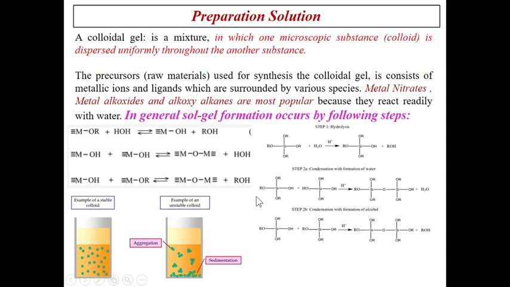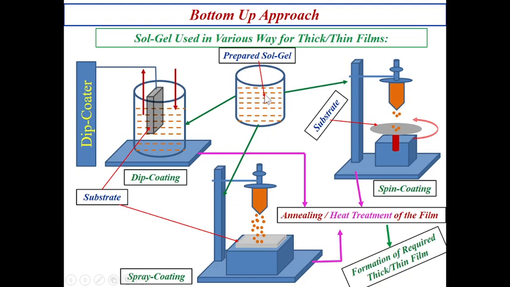Okay, so now the prepared gel is going to be used to synthesize nanomaterials by different techniques. This is the dip coating technique, this is your spin coating technique, and spray coating.